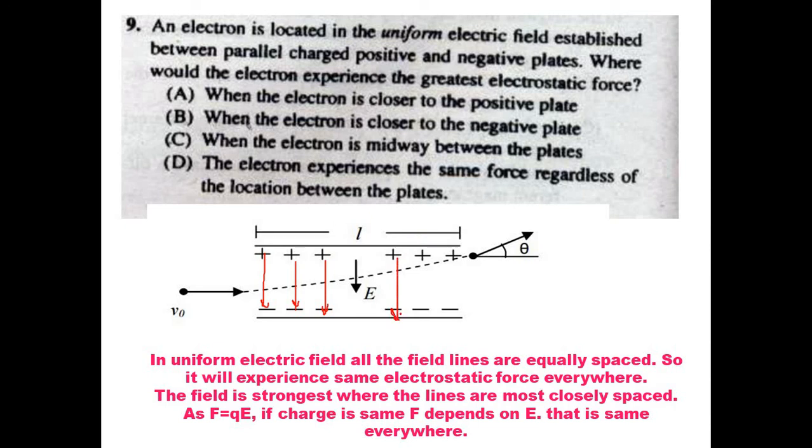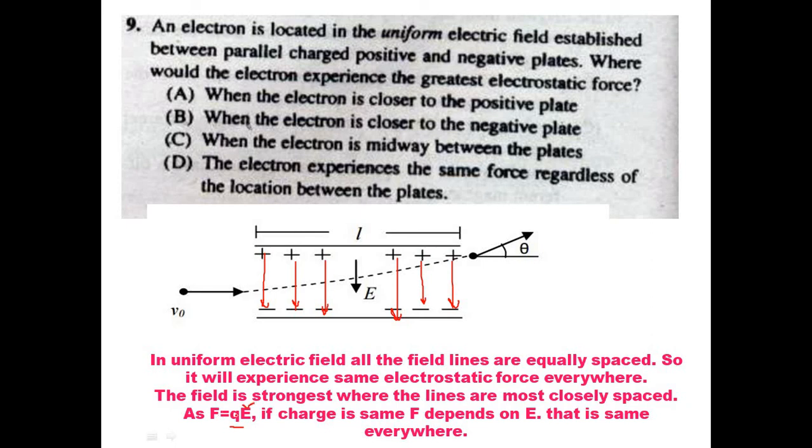Now the electric field is E and the force experienced by the charge is equal to QE. As you know, we are having an electron, so the charge is not going to change. So the only value is E. E is uniform here, so it means that E is constant.